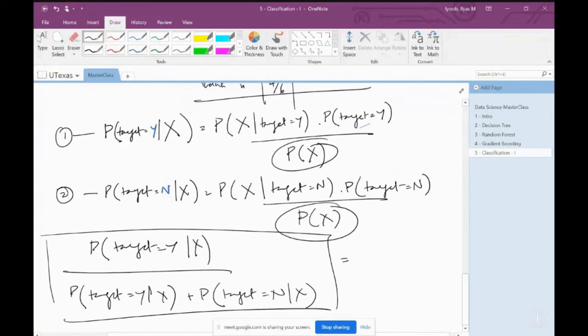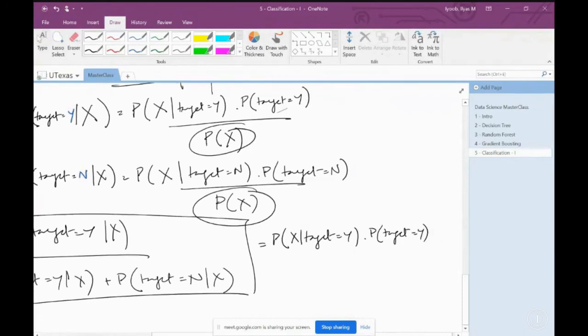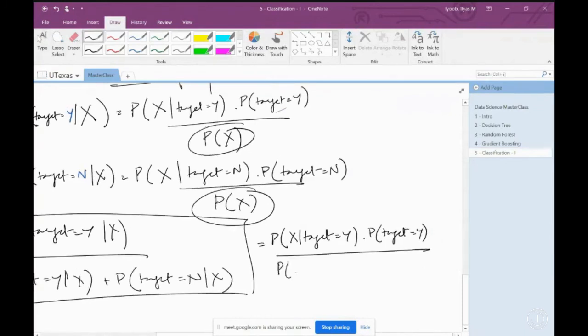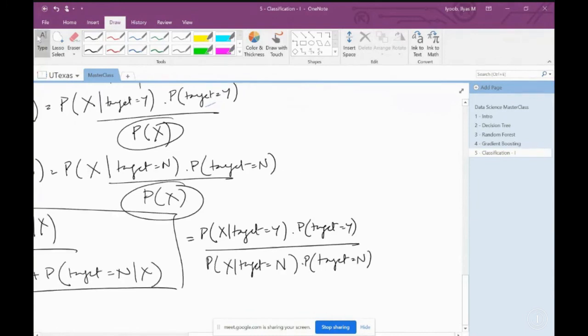That means this ratio will be the probability of x given target equals Y times the probability that target equals Y, divided by the probability of x given target equals N times the probability that target equals N. So this is the ratio because the probabilities of x cancel each other out.